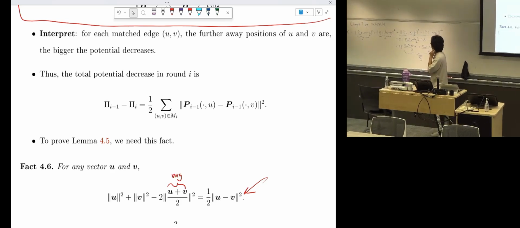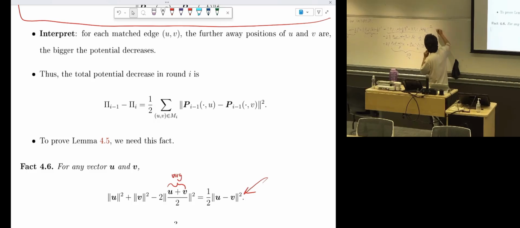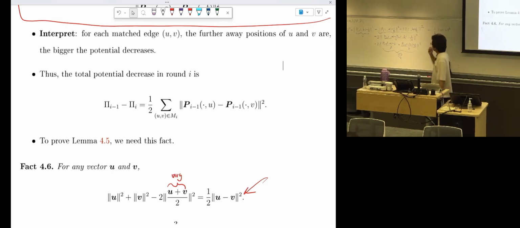So this whole thing equals 1/2 of U minus V. What's U minus V?